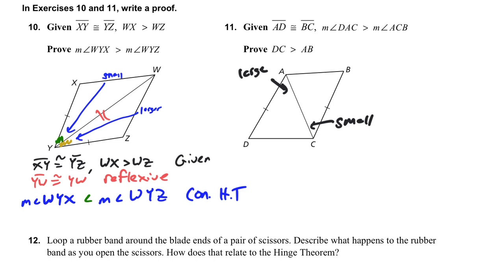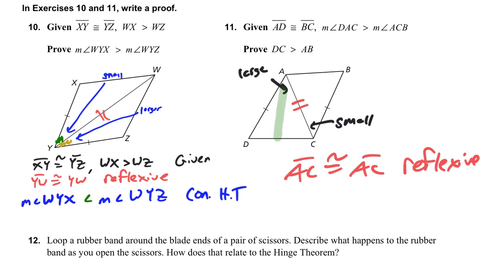All right, so we have our givens for our proof, but we also need to show that AC is congruent to AC, due to the reflexive property. And then after that, you'll notice since we have two congruent sides, that third side that is opposite, so if I go here, opposite A is DC, is going to have to be larger than what is opposite our small angle, which is AB.